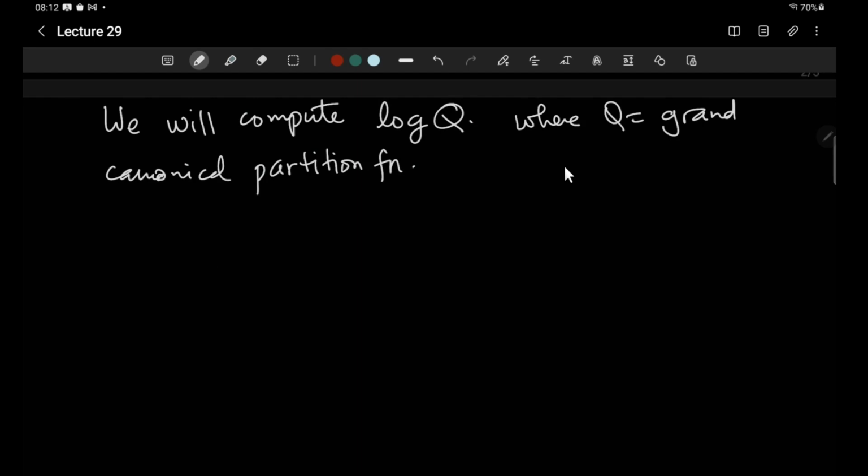So what is Q? Q is the product over all states of 1 by e power.